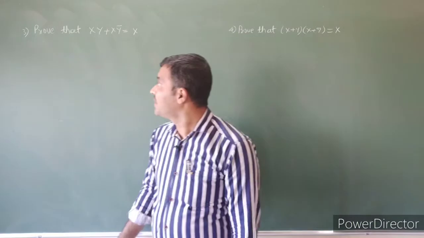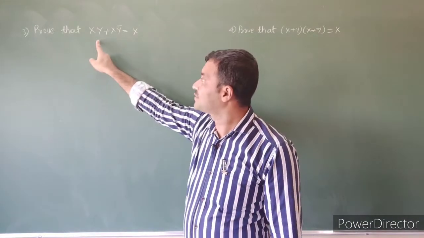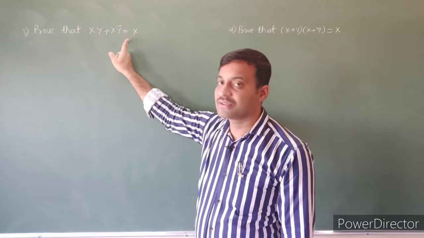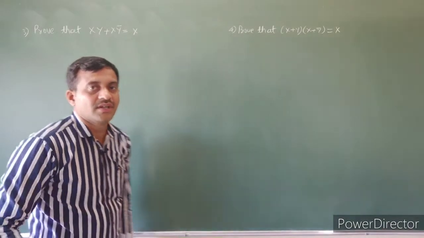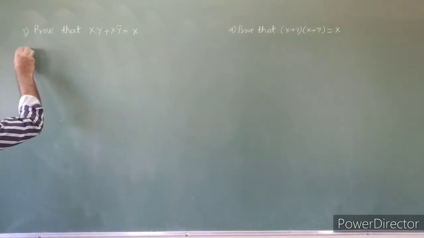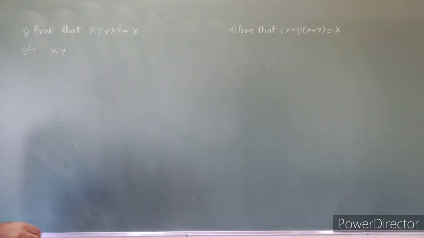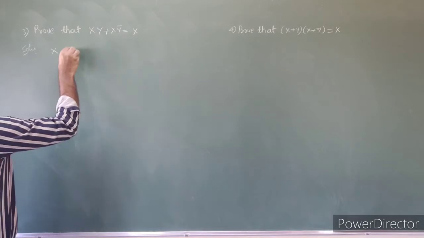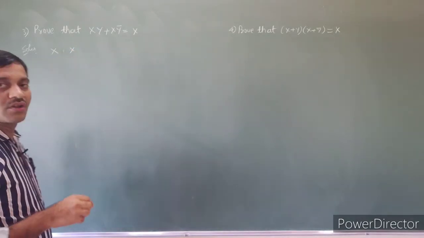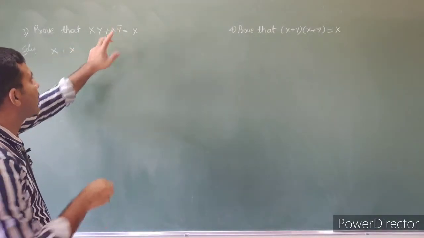Consider the next example. That is, prove that xy plus xy bar is equal to x. Here also there are two variables x, y. First priority goes to the NOT operator. There is a y bar.